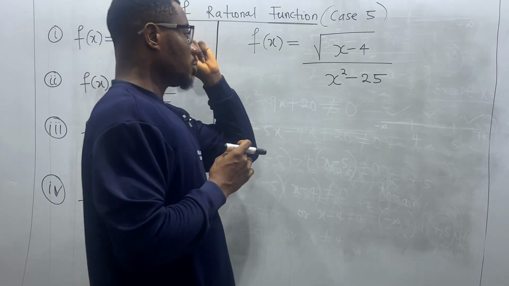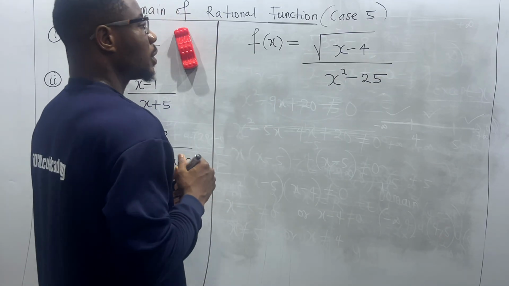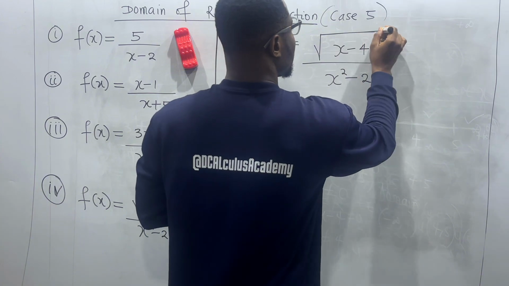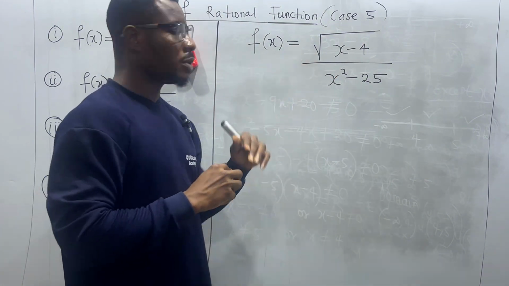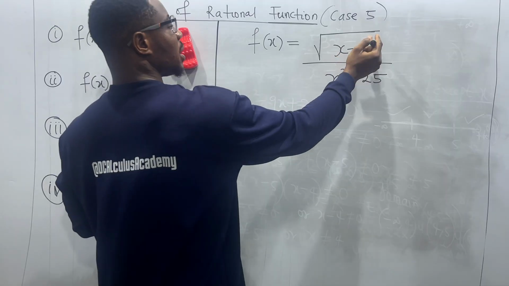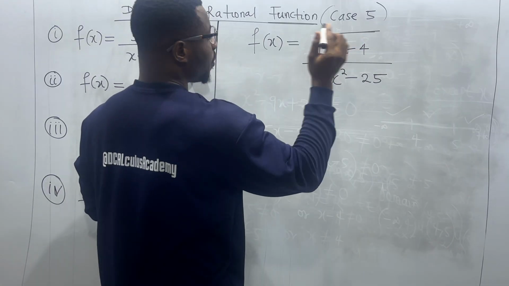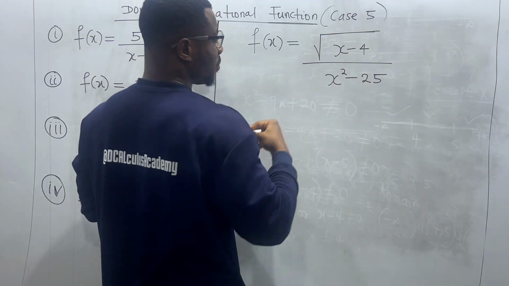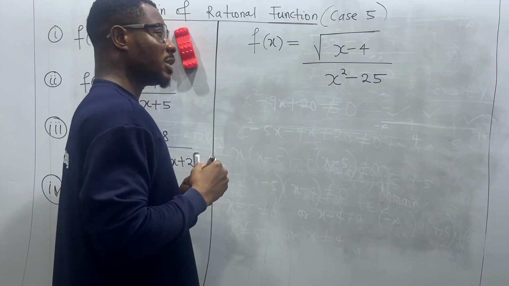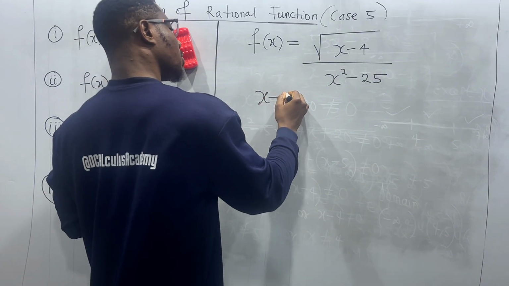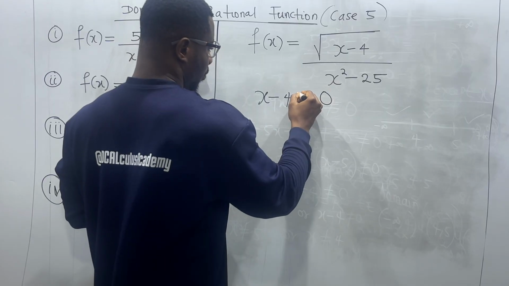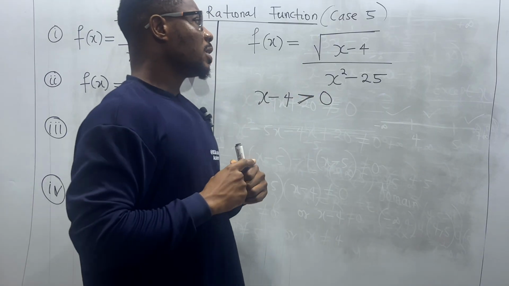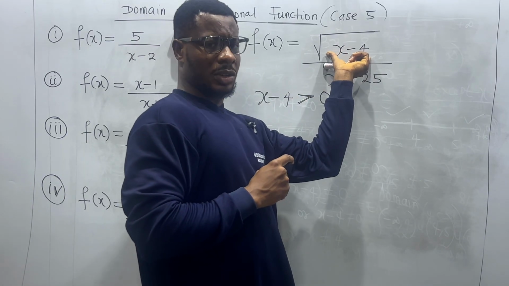So first of all, since we have a square root here, we have to include the numerator in our analysis. I remember I've taught you before that what is inside the square root cannot be negative, which means that x minus 4 should be greater than 0.